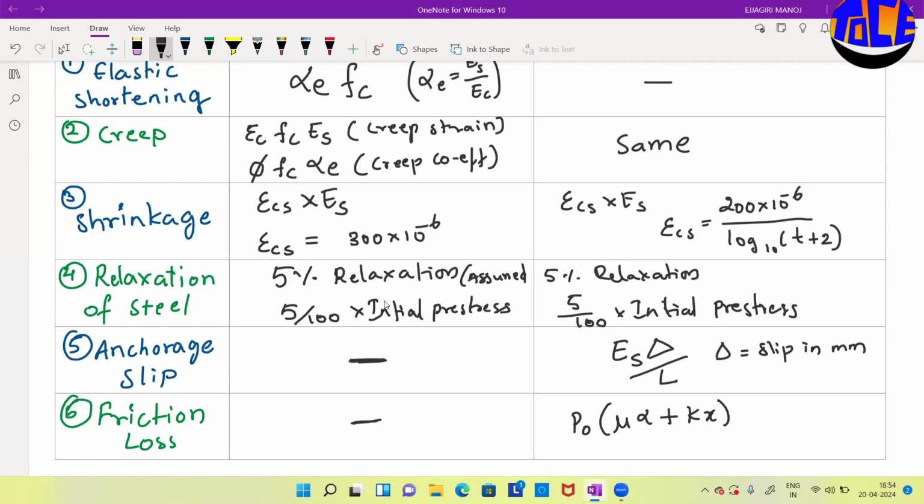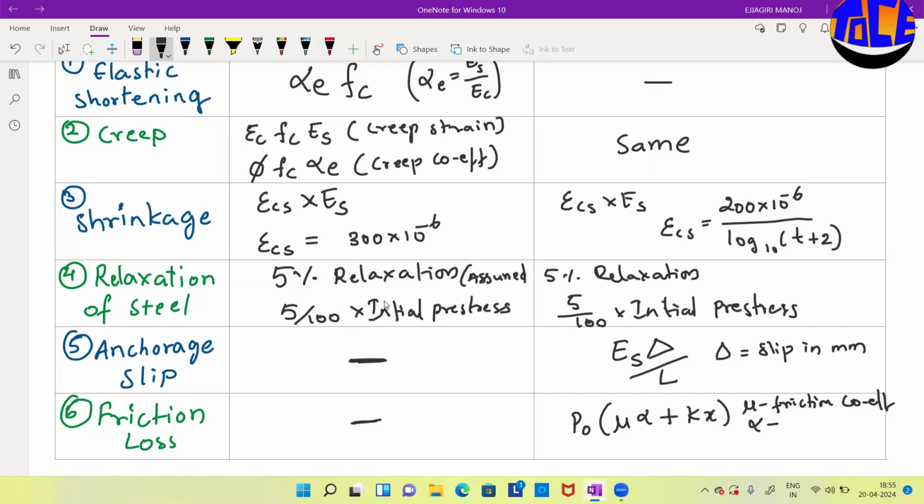This nu is the coefficient of friction. Usually it will be mentioned in the question itself. And alpha is the cumulative angle in radians, which you need to calculate.